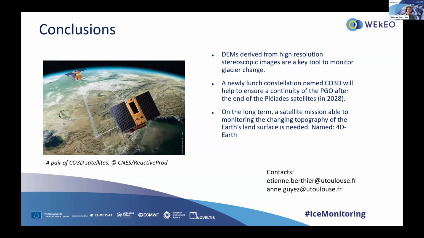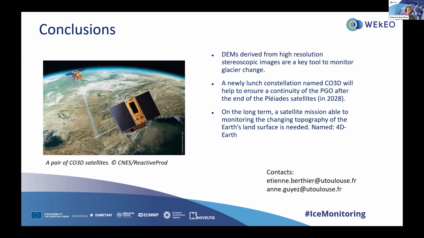You can see a view on the left panel. These are 2 pairs of satellites which are dedicated to the measurement of the topography on Earth. And the first aim is really to build a global topography of the Earth at very high resolution. But for some of our glacier sites, we will have a more frequent revisit to go on monitoring the evolution of glaciers.